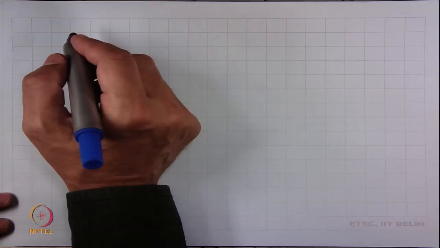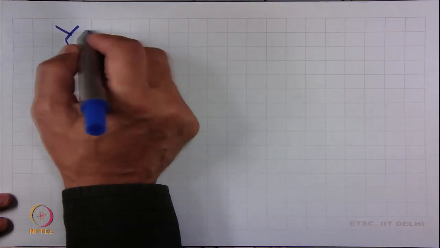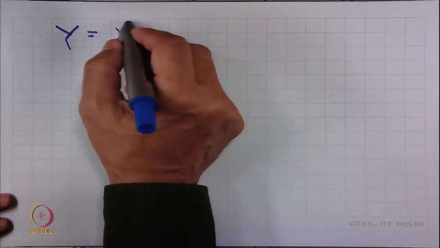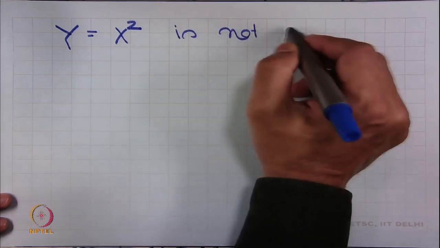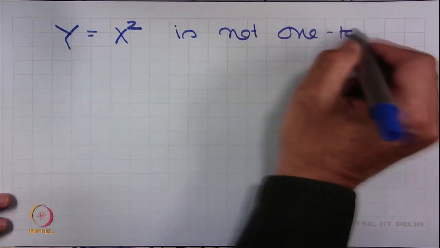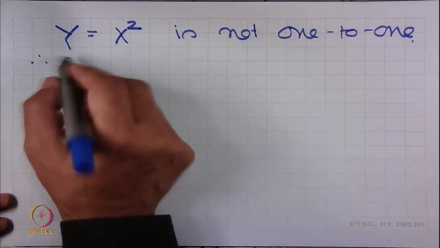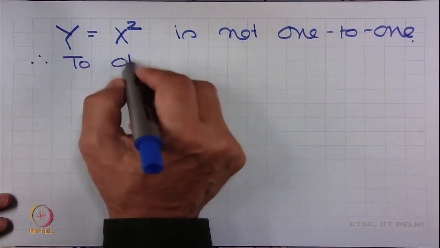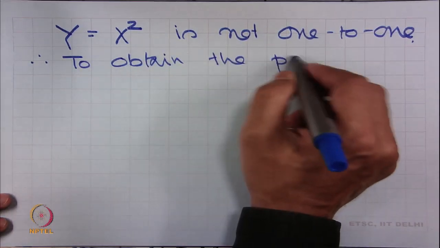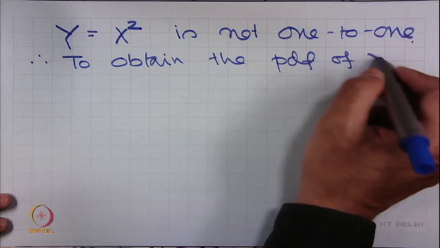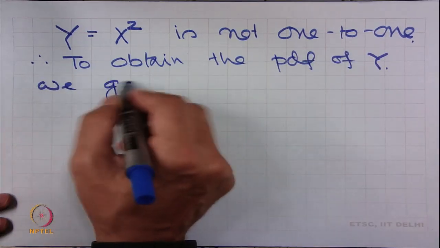We make a small adjustment. Y is equal to x square is not 1 to 1. Therefore, to obtain the PDF of y, we go as follows.